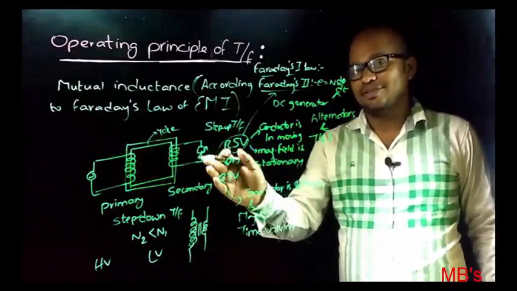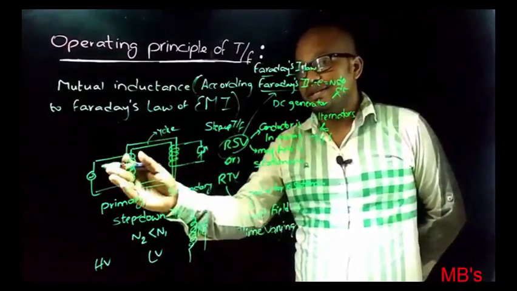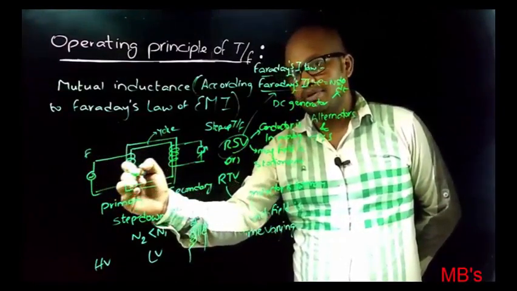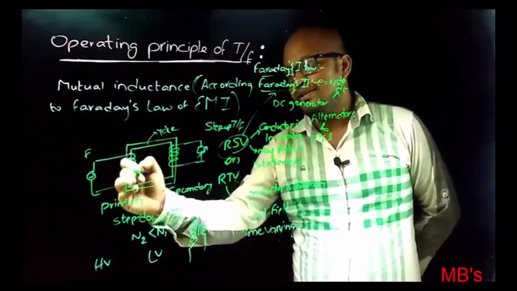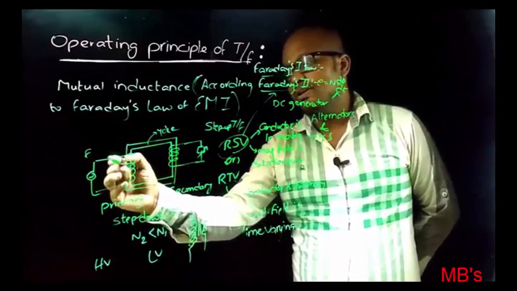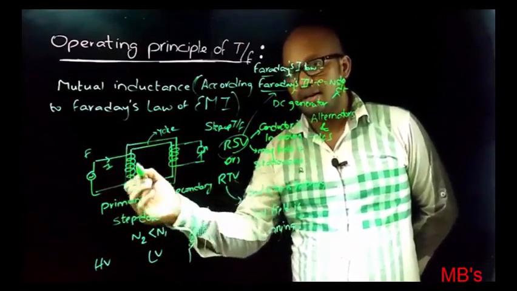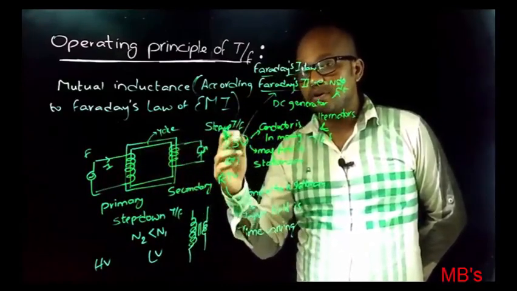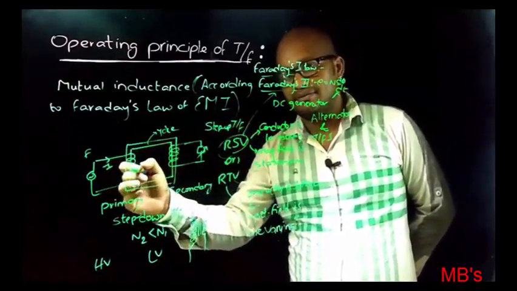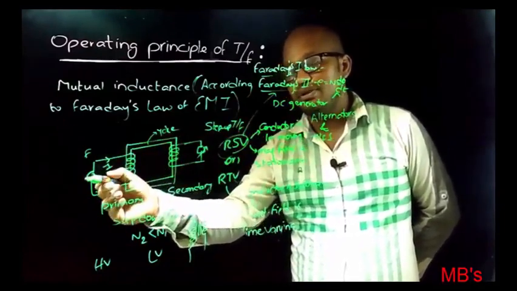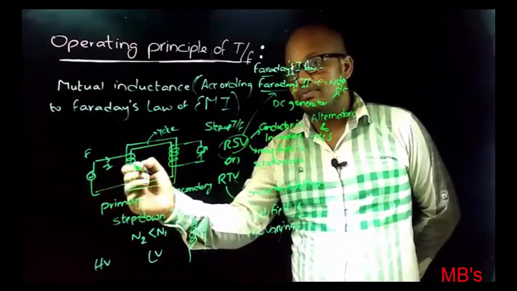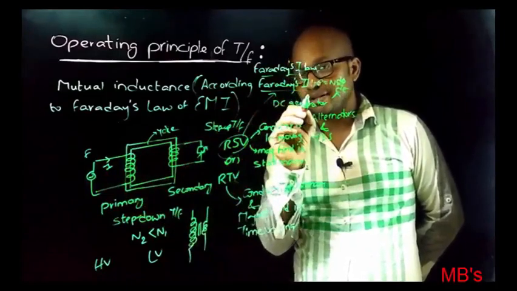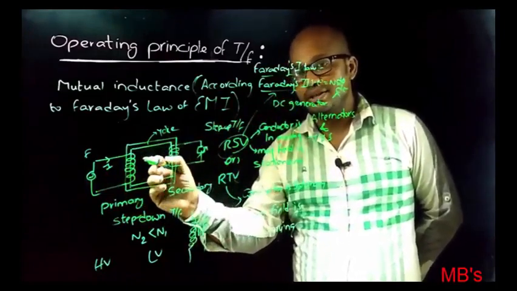Now let's analyze the operation of the transformer. When AC electrical energy input of frequency F is given to the primary winding of the transformer, as this is a closed circuit, current will flow. Let that current be I, and we know that when current flows in a conductor, a magnetic field is set up in the form of closed loops. This magnetic field is time varying because we have given an alternating current supply. With time varying flux and a stationary conductor, according to Faraday's second law, EMF will be induced in this conductor.